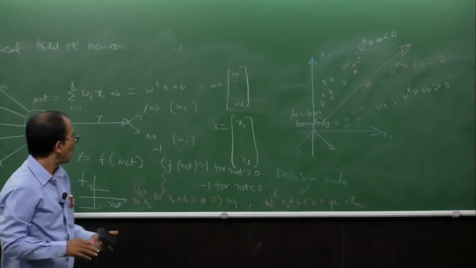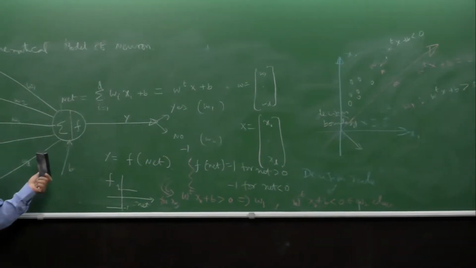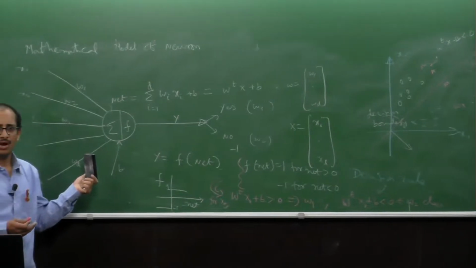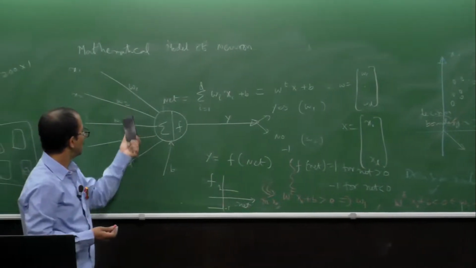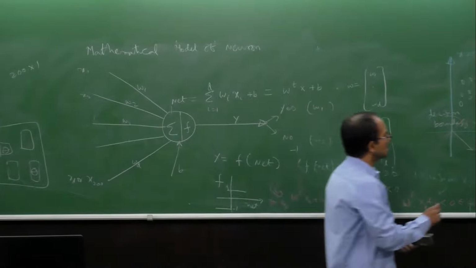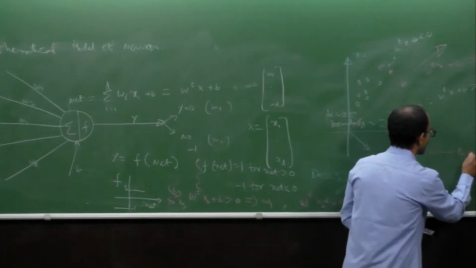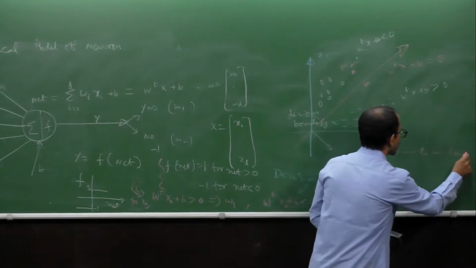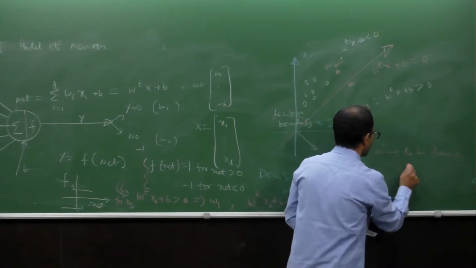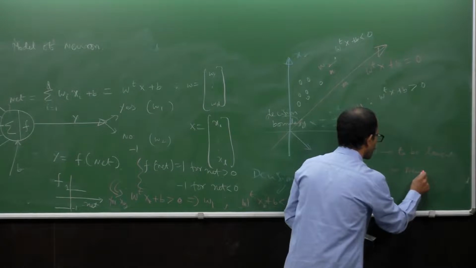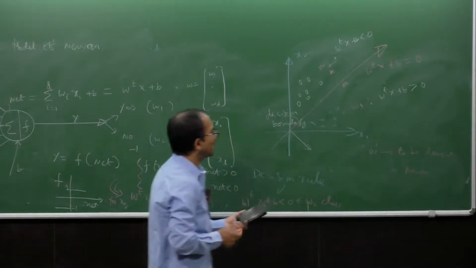Fine. But what is to be learnt in a neuron? Weights. W1, W2, WD, these are to be learnt. So what is W? Now the question is, how do we learn this?